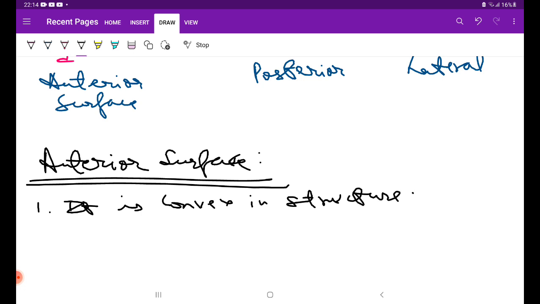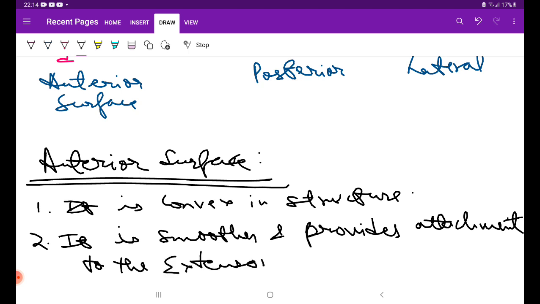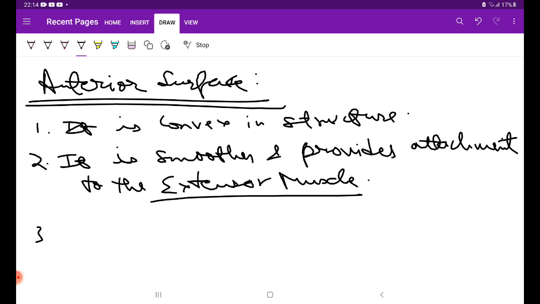Second, it is smoother and provides attachment to the extensor muscle. Next, it provides attachment to extensor muscle. So this is all about anterior surface.